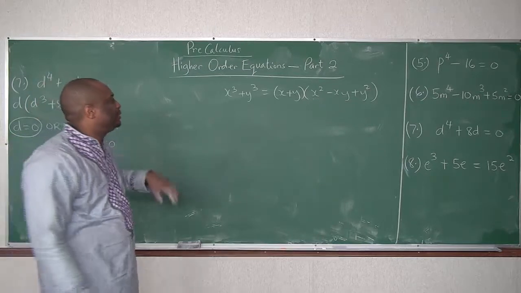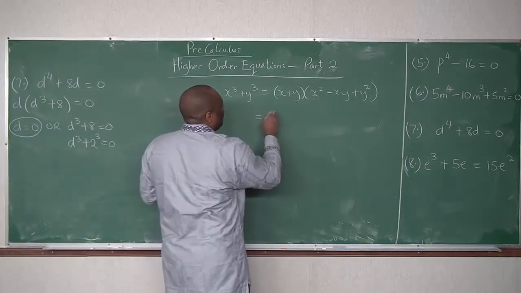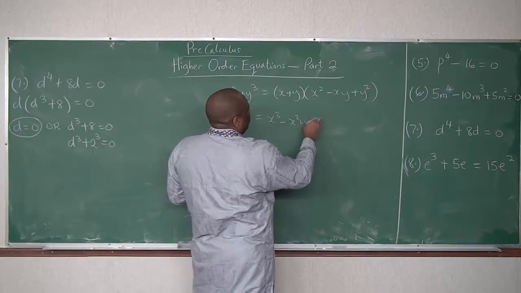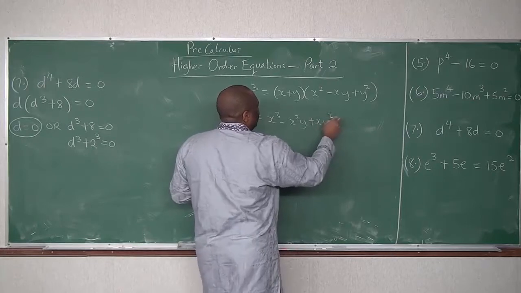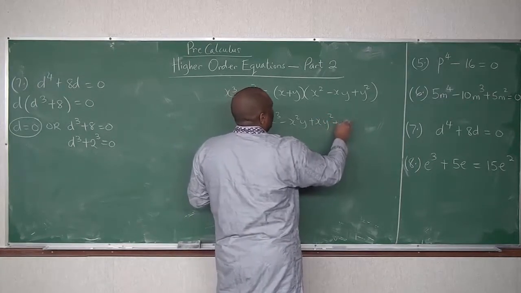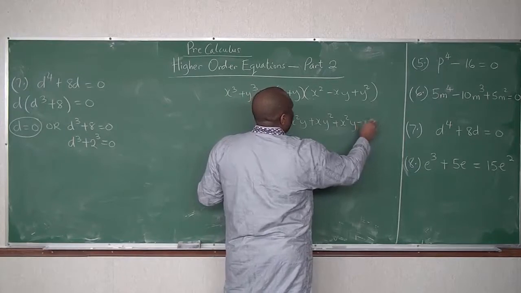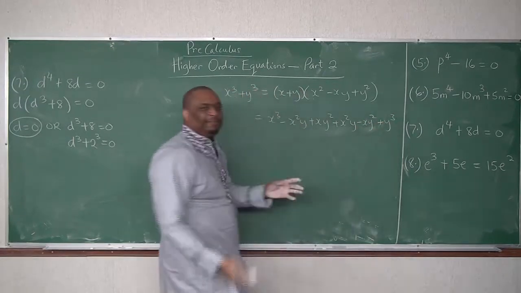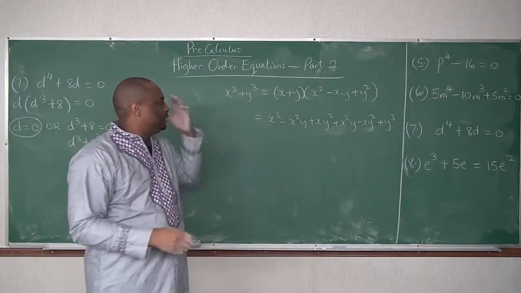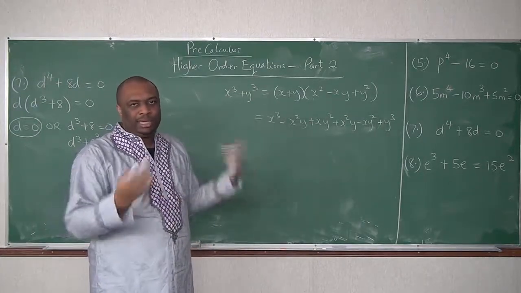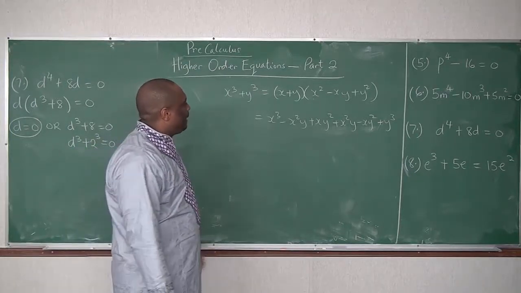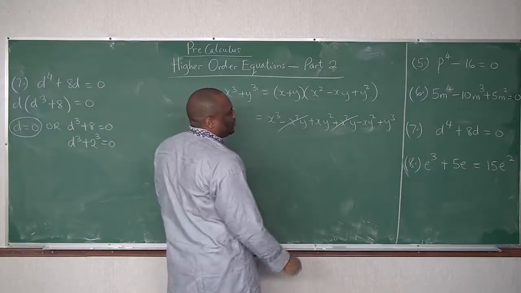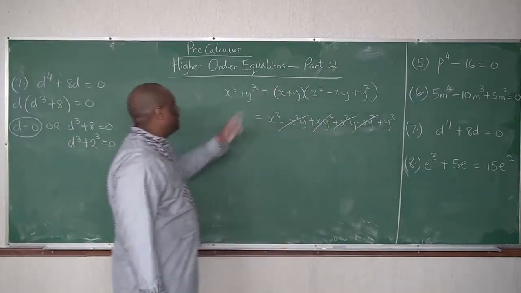So this will be x cubed minus x squared y plus xy squared plus x squared y minus xy squared plus y cubed. If you don't have the formula handy, anything you put down, you can check it first. Minus x squared y plus x squared y, that goes. And then xy squared, this works. This formula works.